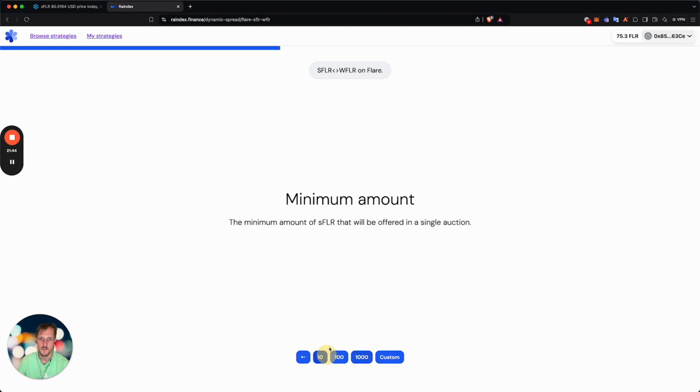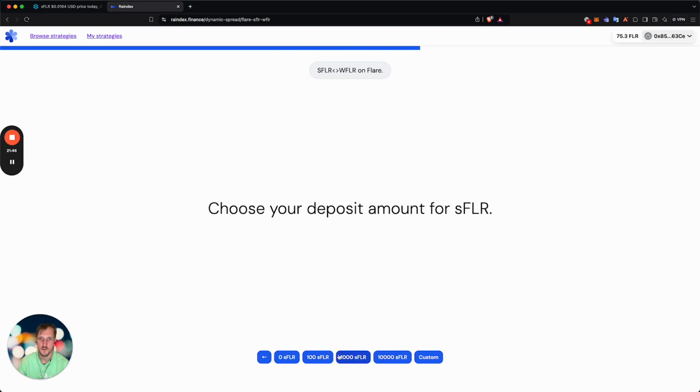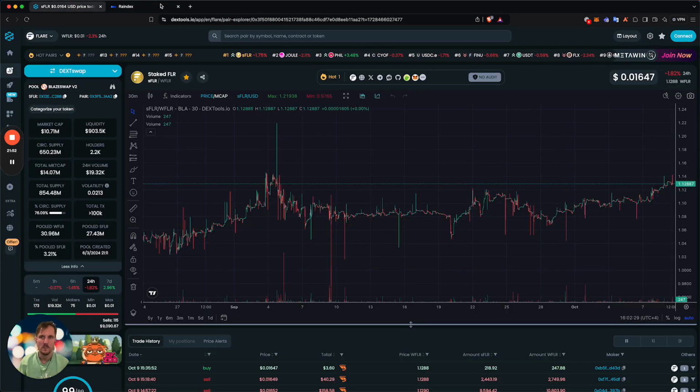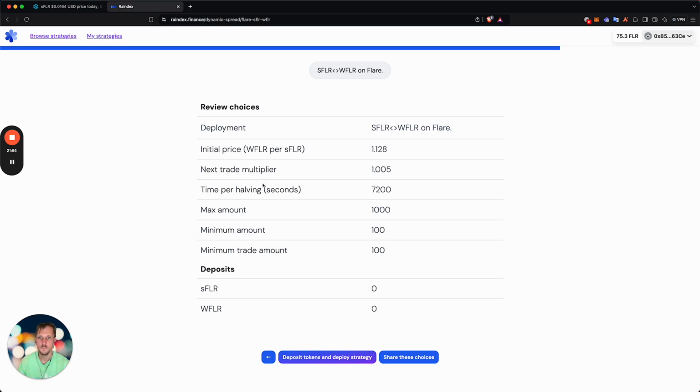Same options, 1,000, 100, 100, 0, 0, 1.128, 1.128. Next trade multiplier 0.5%, time per halving, that's 2 hours. That's the max amount per auction, the minimum amount per auction, the minimum trade size, 0, 0. That looks good. So I would be happy to deploy this.